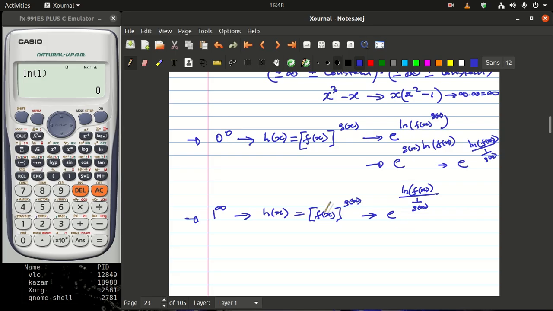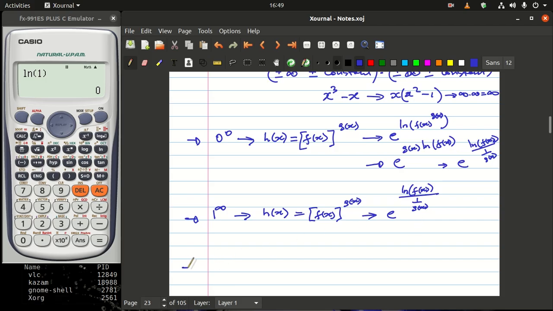It's straightforward, because I have this one here approaching 1, and this one approaching infinity. So ln of 1 is just going to be 0. In the numerator we'll have a 0, and in the denominator this one goes to infinity. So 1 over infinity is 0, so I have a 0 over 0, so it's still fine.